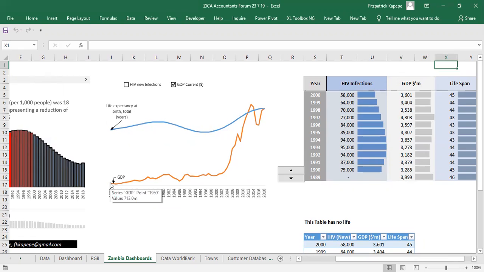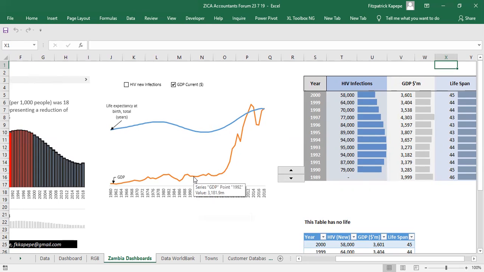You can see that the GDP around that time was about 713 million. In 1964, it should have been around 839 million. At the time Dr. Kaunda was leaving the presidency, maybe 91, 92, it was at $3.2 billion.